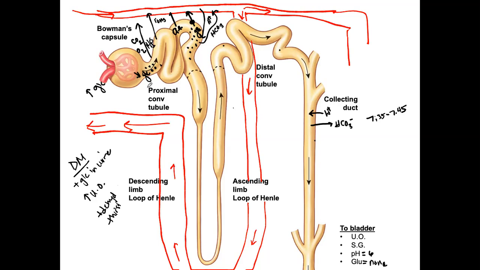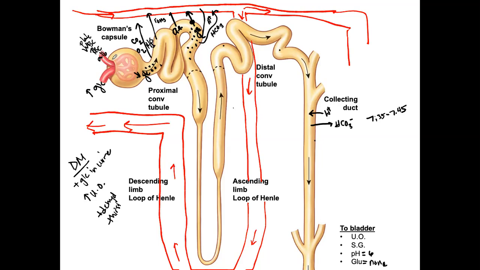All right, so basically how the glomerulus works is whatever's in the blood gets filtered out, except for, remember, your large plasma proteins, or your large molecules like your red blood cells, white blood cells, your platelets, and your albumin, right?